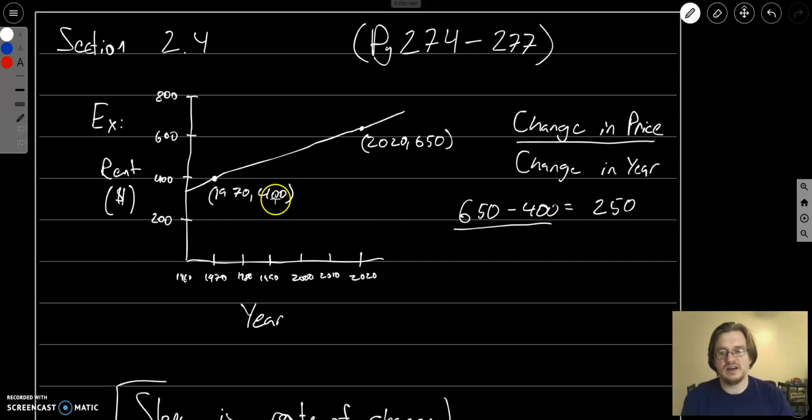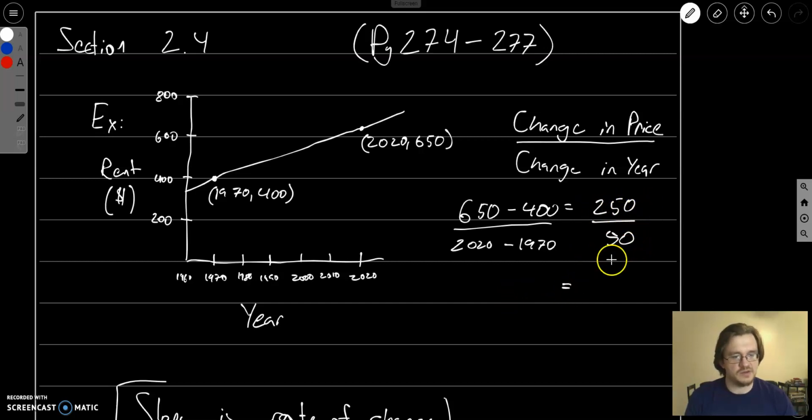But it took from the year 1970 to the year 2020. So this change took place over 50 years, which means that if we divide 250 by 50, we get 5.